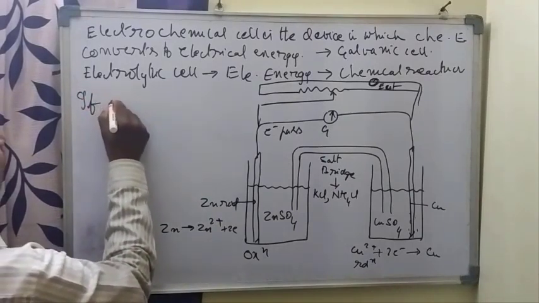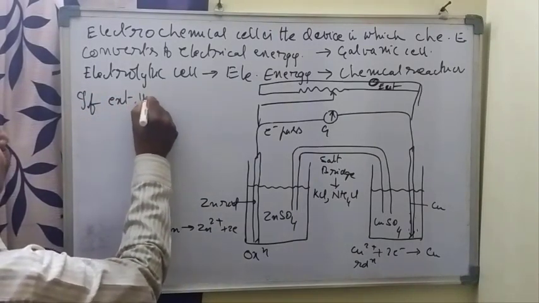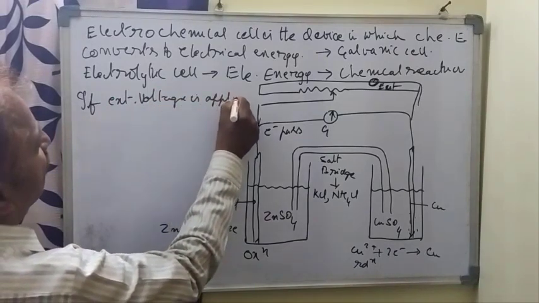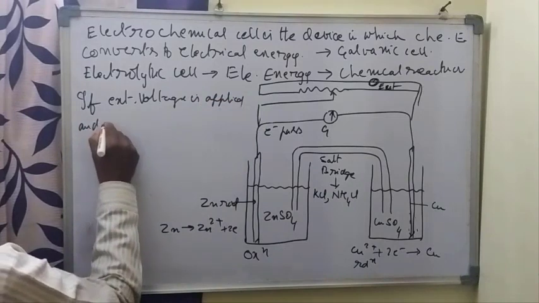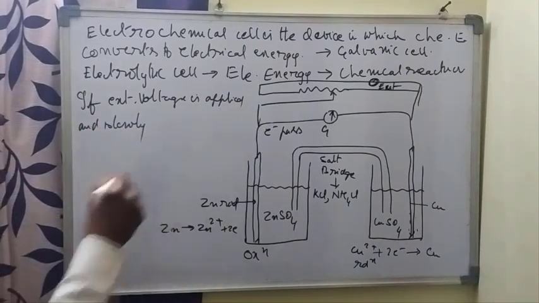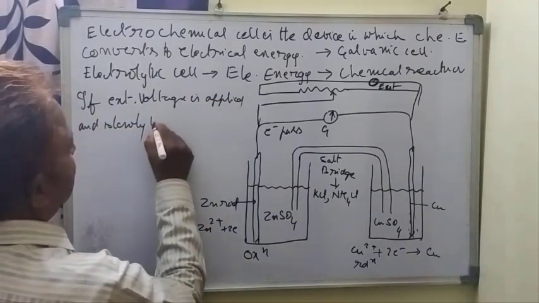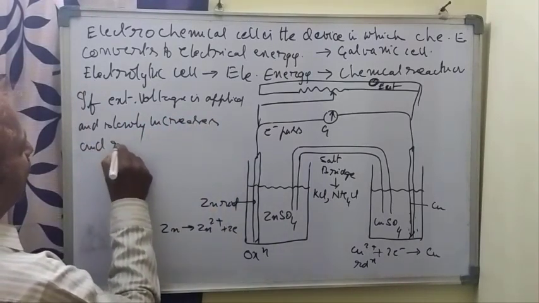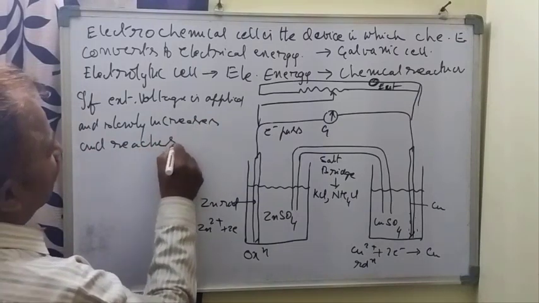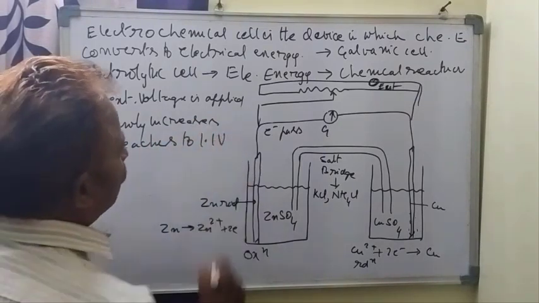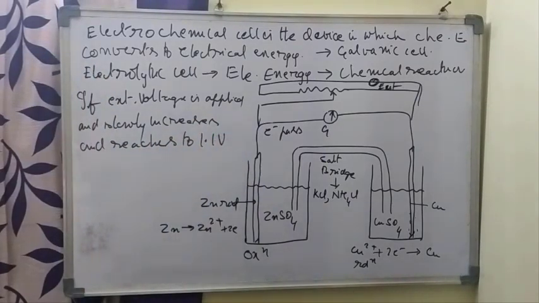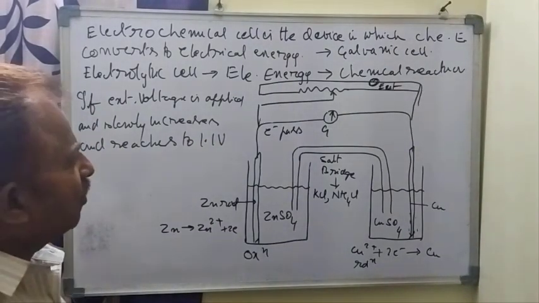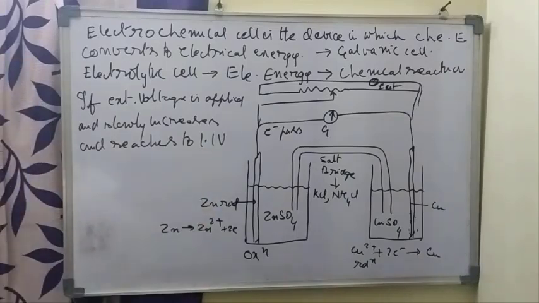If the external voltage slowly increases and reaches 1.1 volt. Why does it reach 1.1 volt? Because this galvanic cell produces a maximum EMF or potential difference of 1.1 volt.